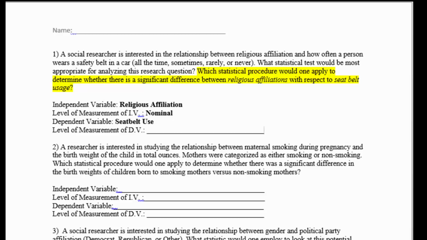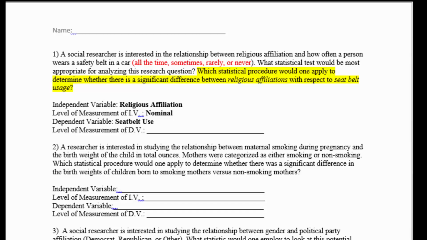Next, let's determine the level of measurement for our dependent variable of seatbelt use. If we review in our word problem, we'll see that seatbelt use is measured all the time, sometimes, rarely, or never. This is not nominal. Those categories have to go in order. All the time is always more than sometimes. Sometimes is always more than rarely.